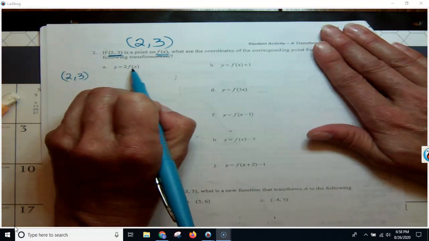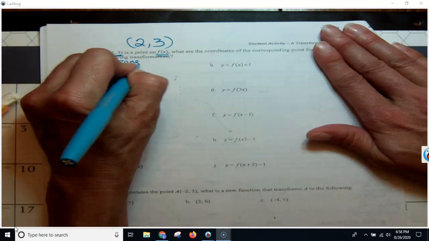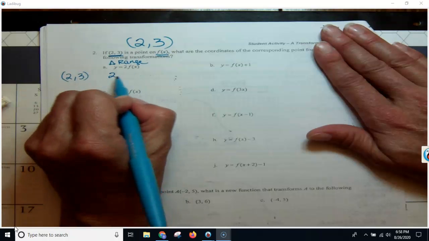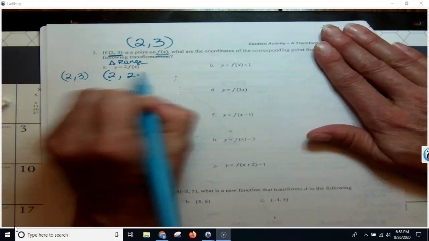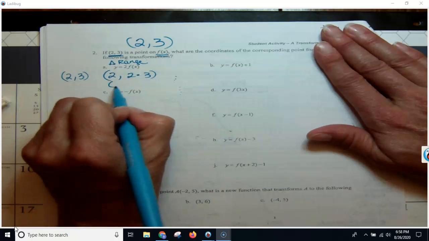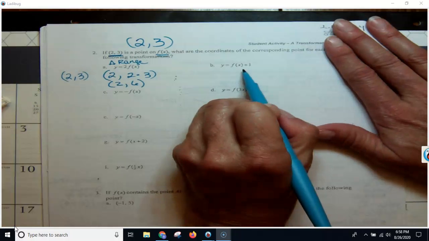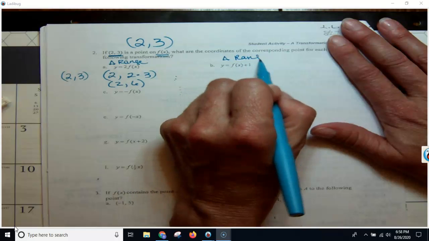We are now changing, this is outside, so this is going to be a change in the range. So I'm going to basically multiply, the 2 stays the same, 2 times the y, which is 3. So my new point would be 2, 6. Here, again, it's outside, so this is going to be a change in the range.